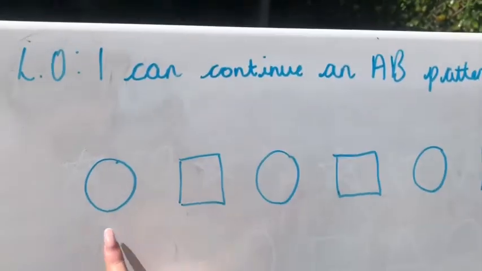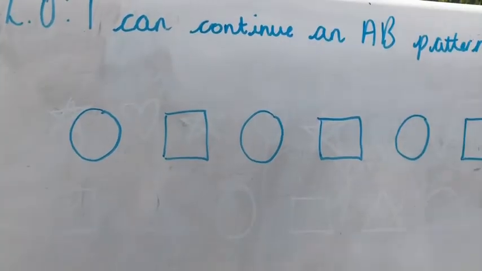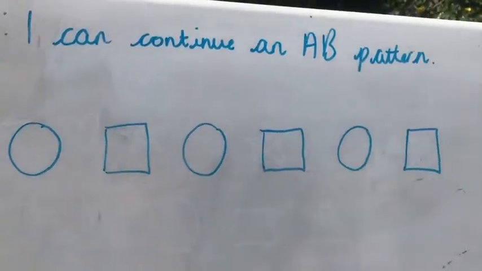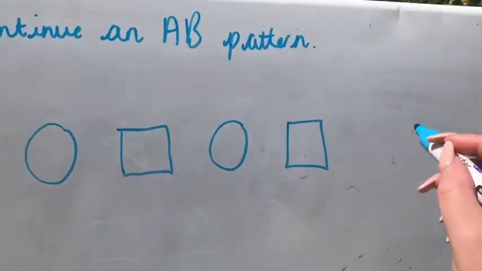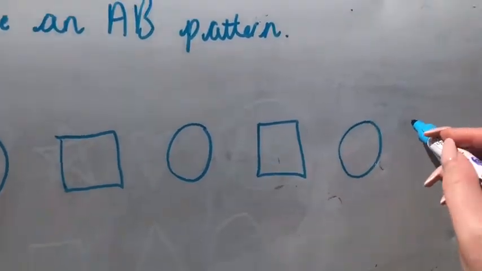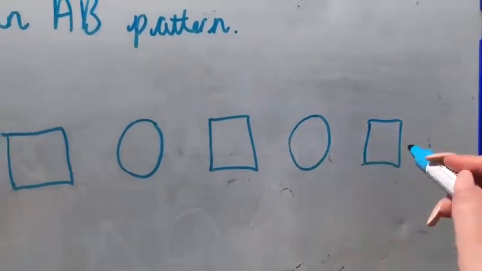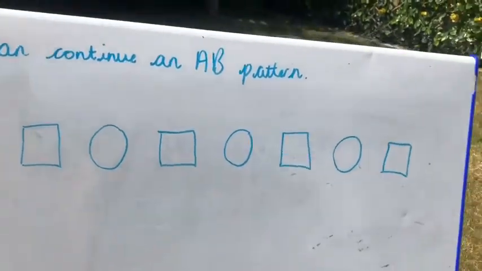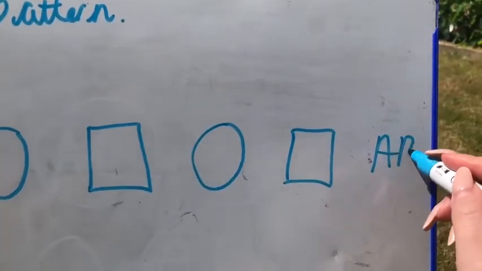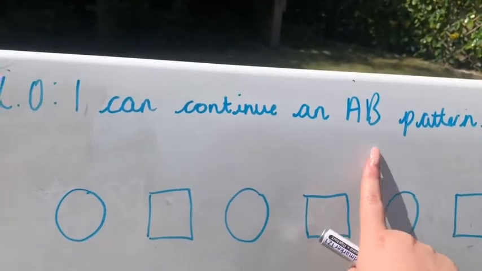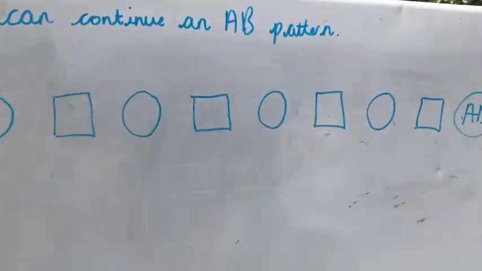Okay, so there's the circle, it goes circle, square, then it says circle, square again, then we have another circle, square, and if I were to repeat that again, I would do another circle and square. Okay, so that is an A-B pattern, and that is your learning objective today, to continue A-B patterns.